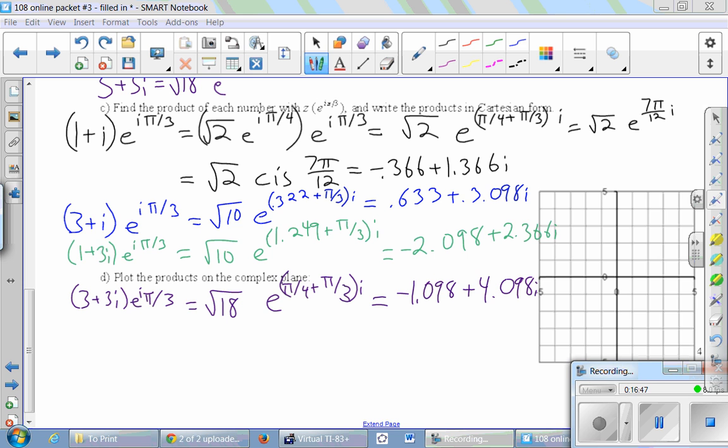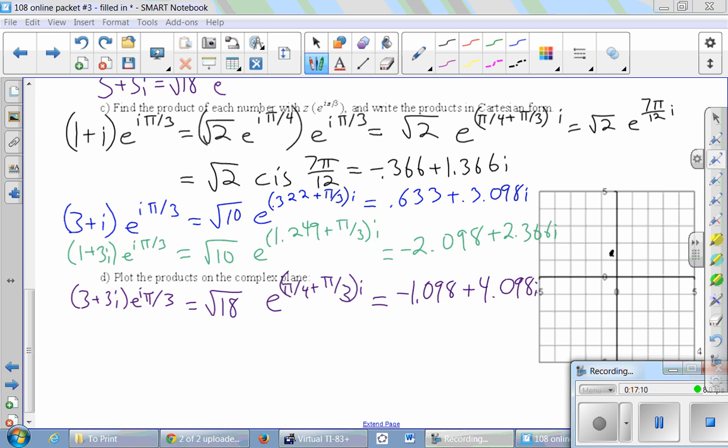Okay, part D, plot the products on the complex plane. Okay, so let's go in order here. So starting with black, I'm looking at this one right here. Minus 0.36 plus 1.36i. So left and then up. So left a little bit, 0.36, and then up a little more than 1, somewhere around there.